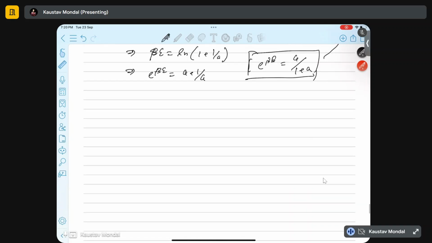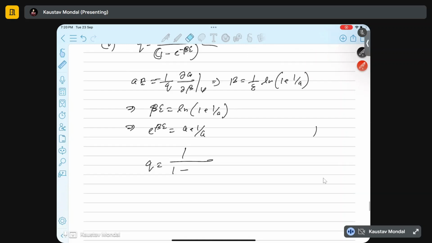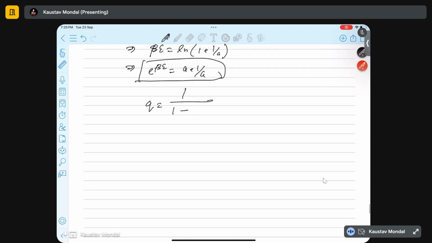So when you substitute it as e to the power minus beta, it will take the form 1 minus A by (A plus 1). e to the power minus beta would be A by (A plus 1), right?